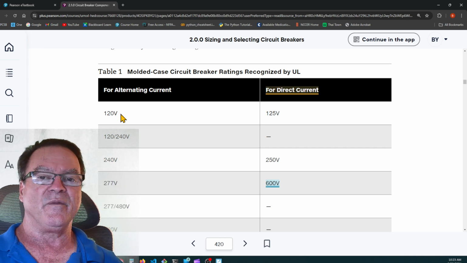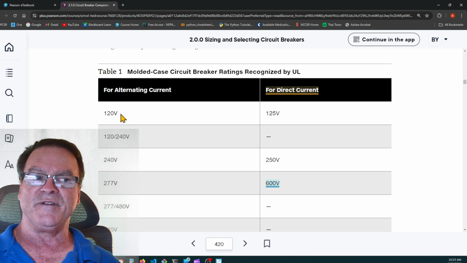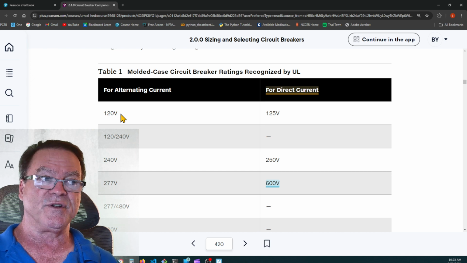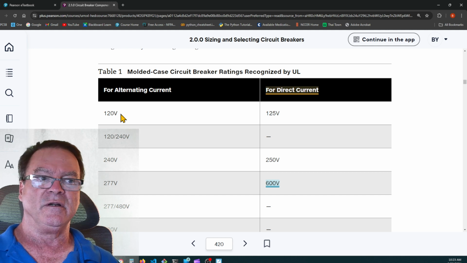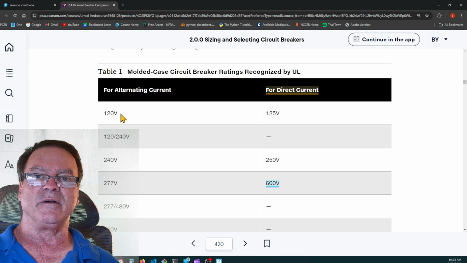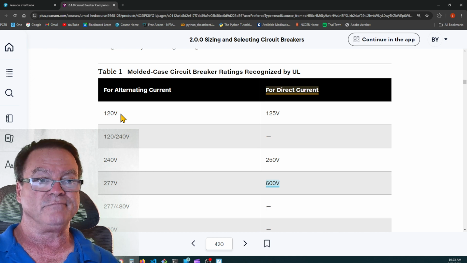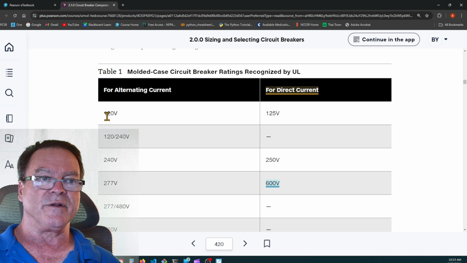If you're using a 250 volt overcurrent protection device in a 480 volt circuit, more than likely you're going to have some arcing, and you're probably going to ruin the circuit breaker, and you're not going to protect the circuit, and you might even start a fire. So you don't want to do that.